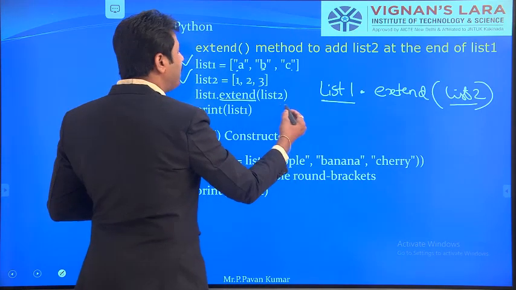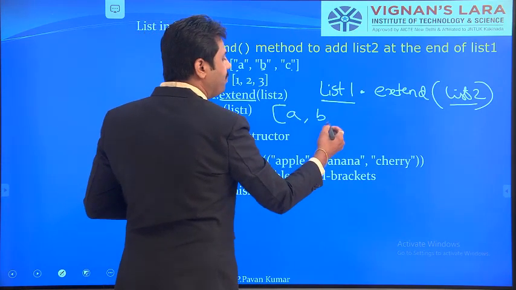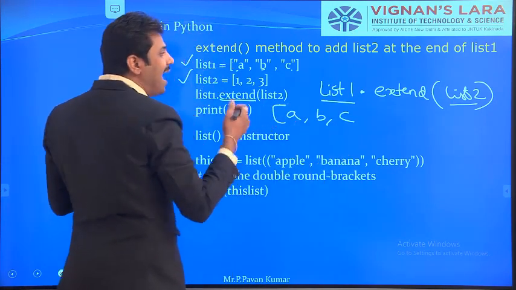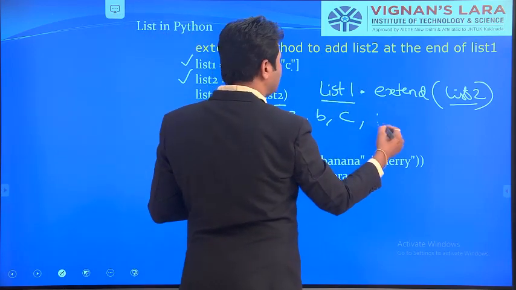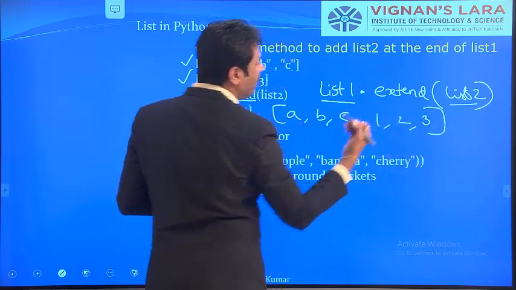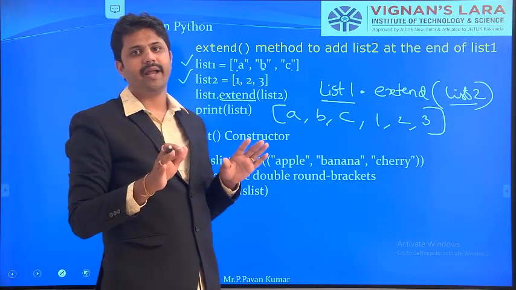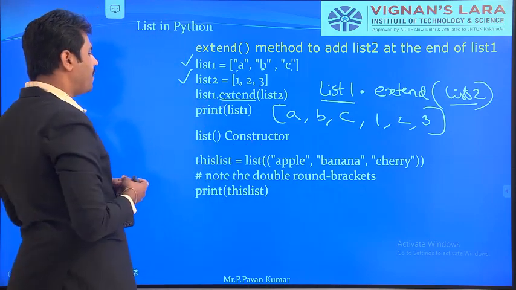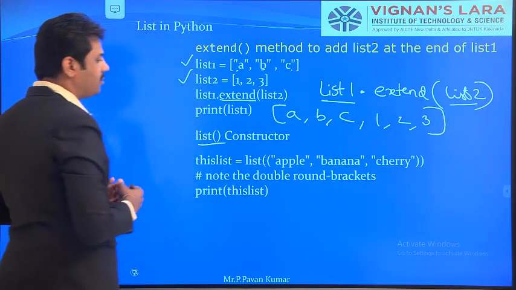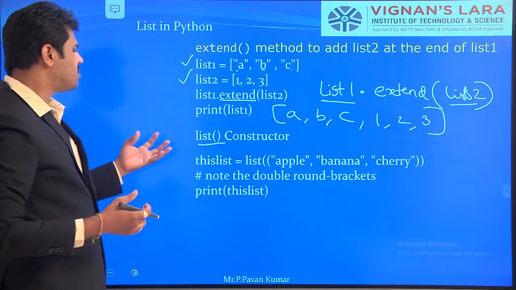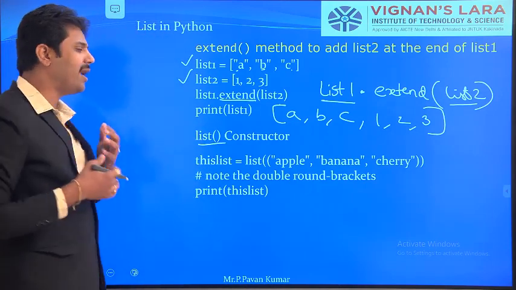It simply takes the values A, B, C in list 1 and extends it with list 2, that means 1, 2, 3. List 1 is updated. A new list is not created. Here, the list constructor. The list constructor is used to create a new list.